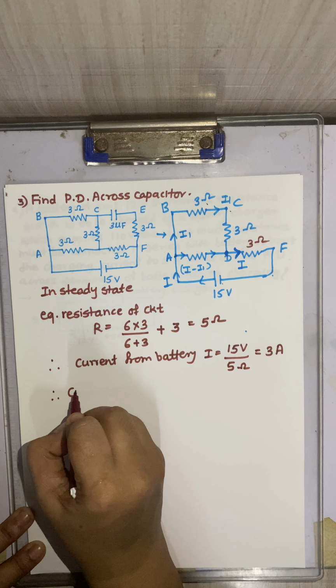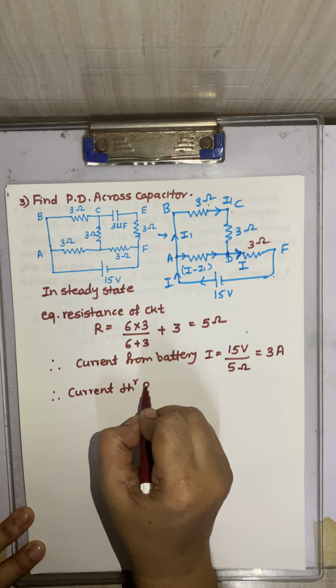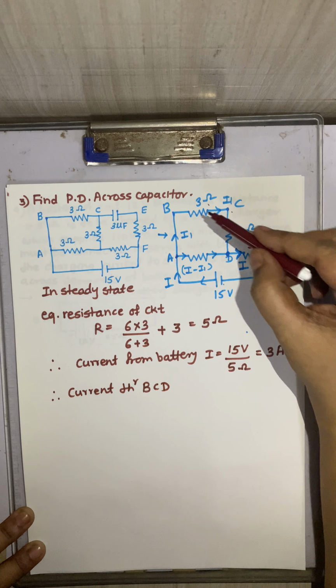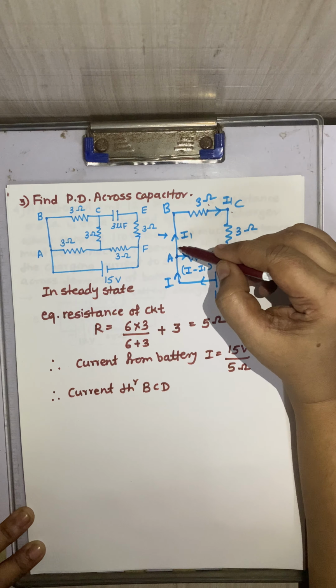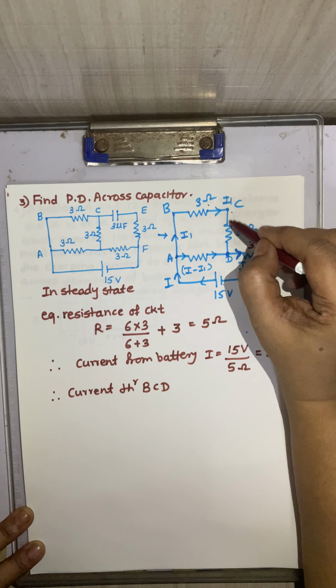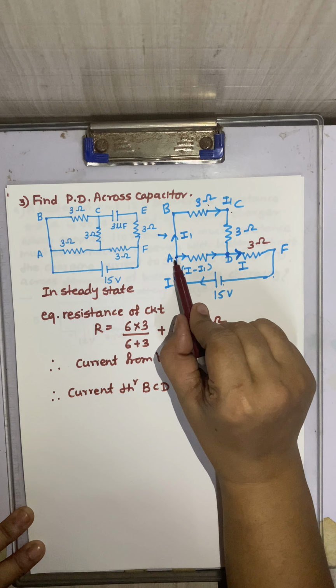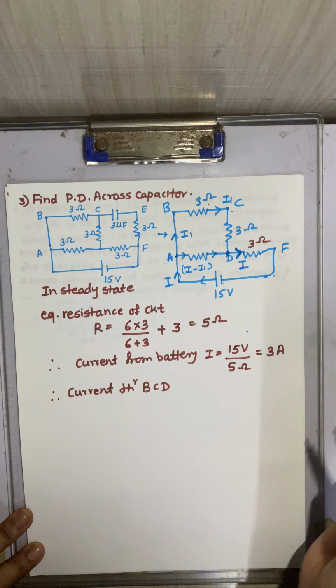Therefore we now want the current through BCD, because this is one branch and at this place the current is distributed. So I1 is the current flowing through the branch BCD, and through the branch AD the current flowing is I minus I1.